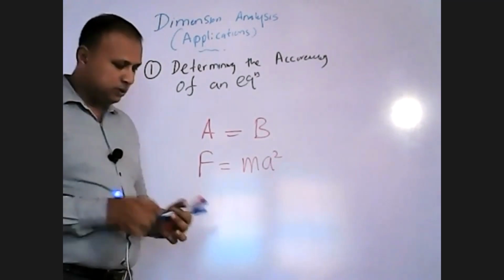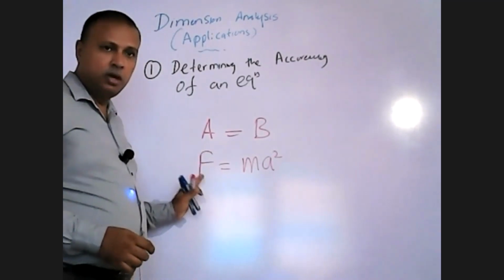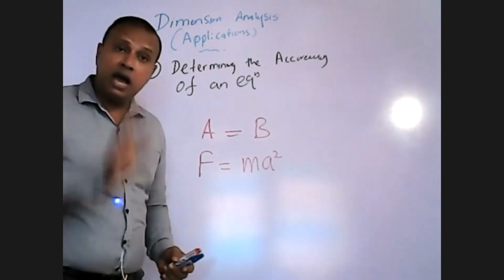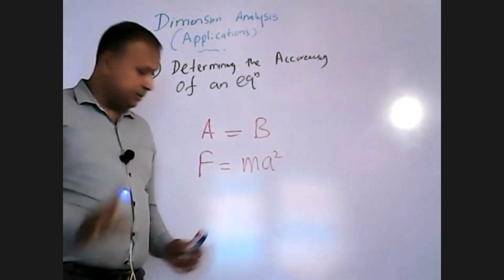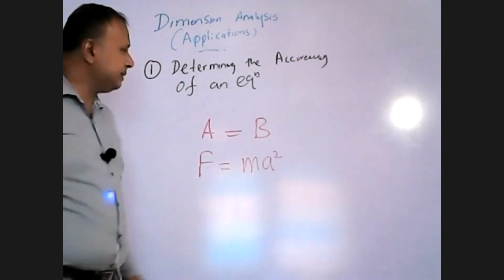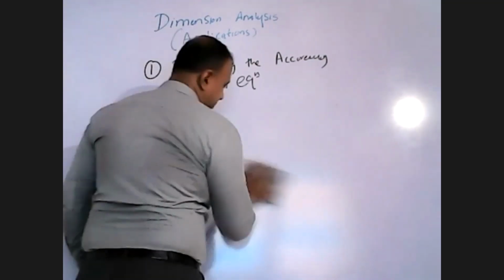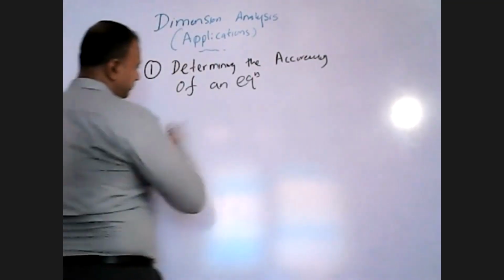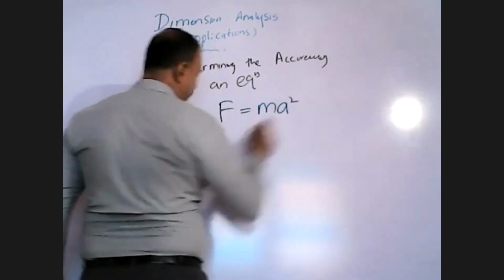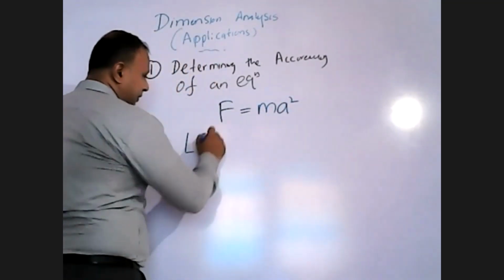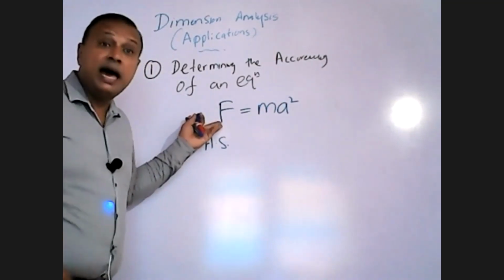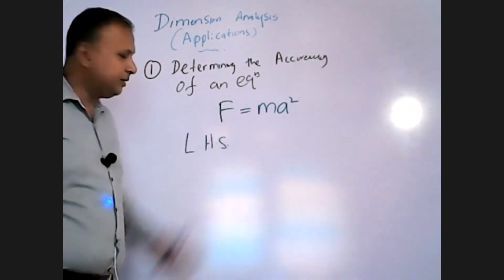But suppose we are given F equals m a squared, and we are asked to find whether this equation is correct or not. In such cases, we should determine the dimension of LHS. LHS means left hand side.